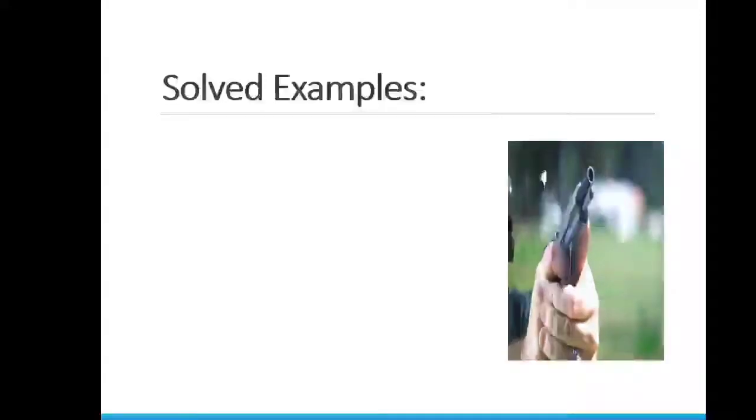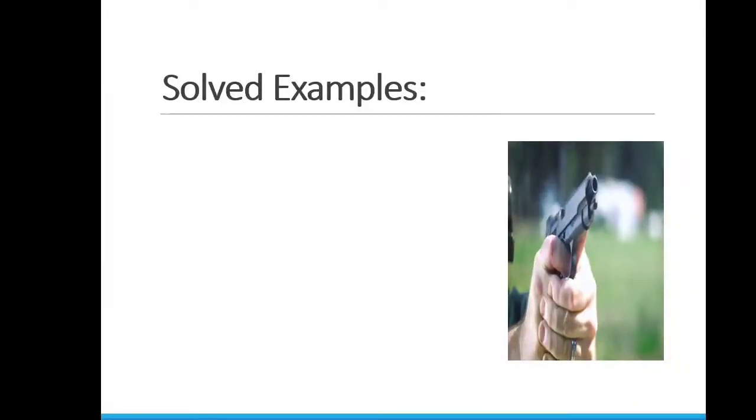So now let us look at a few of the solved examples which have been given in your textbook. The first question is about a pistol which is firing a bullet. As you can see here, when the bullet comes out of the pistol, the pistol moves back.